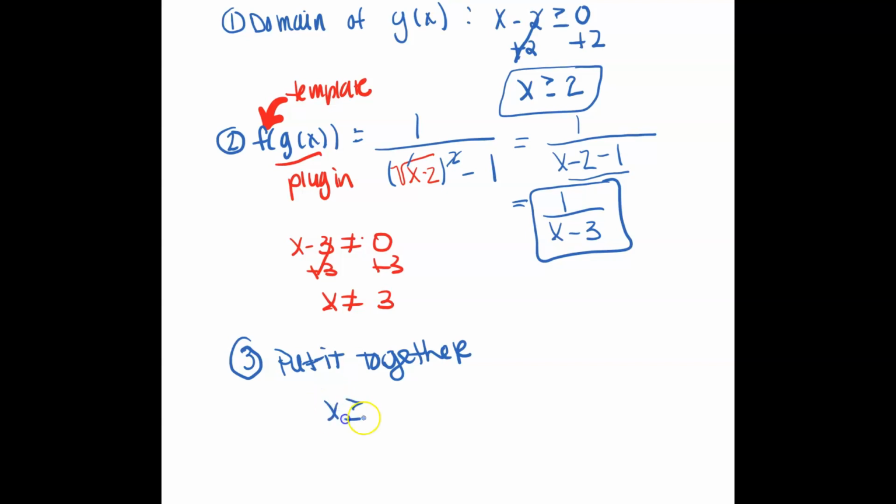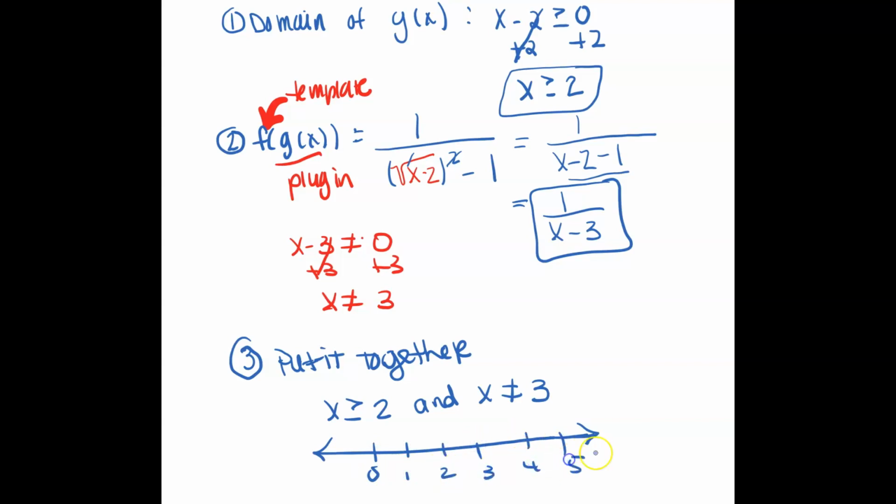So this gives me that x has to be greater than or equal to 2, and x cannot equal 3. So number line wise, if x is greater than or equal to 2, here's 0, 1, 2, 3, 4. Looking at all my possible x values, that's domain. It's going to be greater than or equal to 2, but 3 cannot be there.